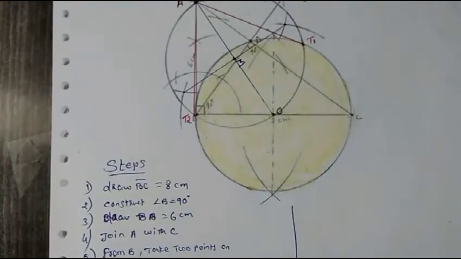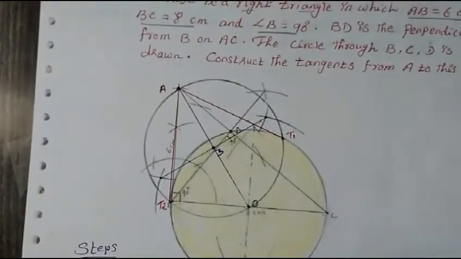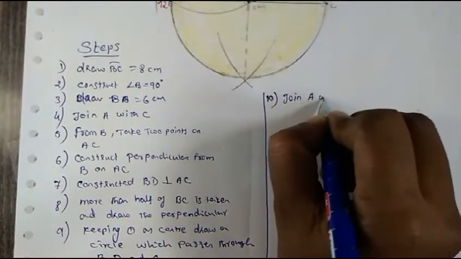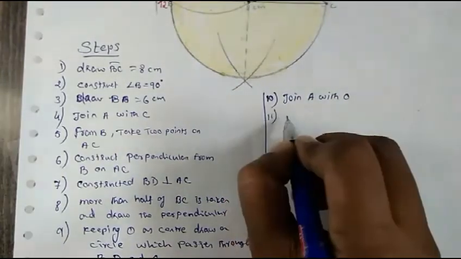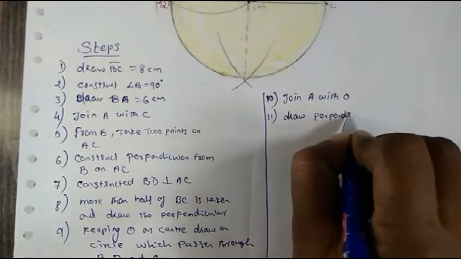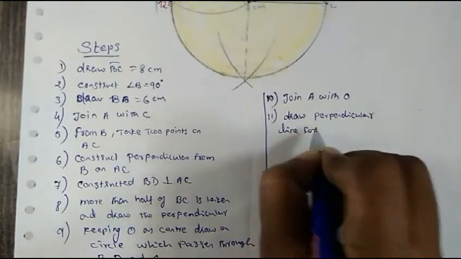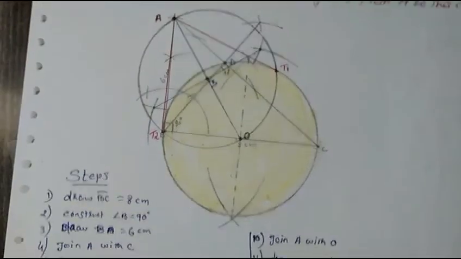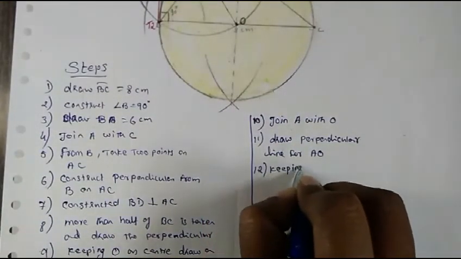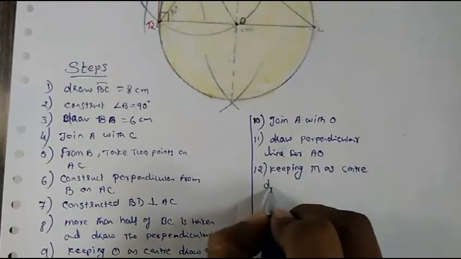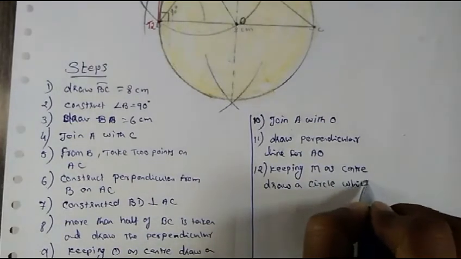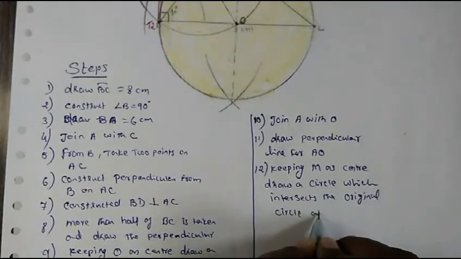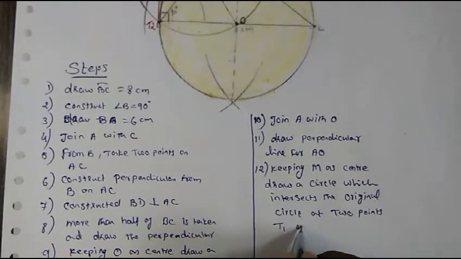Next, after drawing this circle, we joined A with O. Then we drew a perpendicular line for AO and found the midpoint M. Then keeping M as center, draw a circle which intersects the original circle at 2 points, T1 and T2.